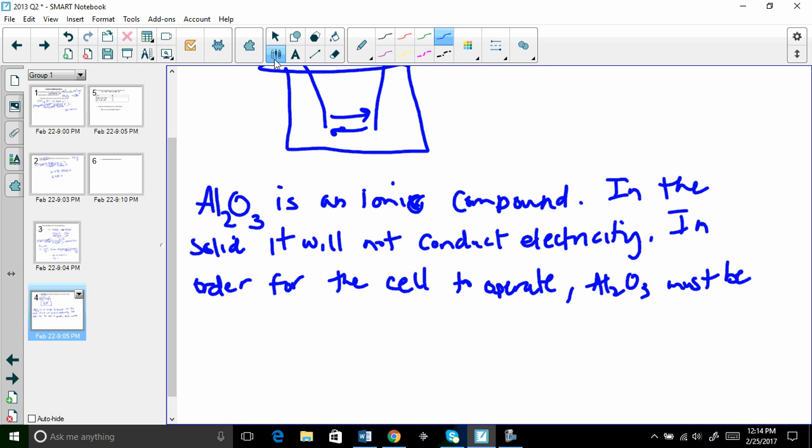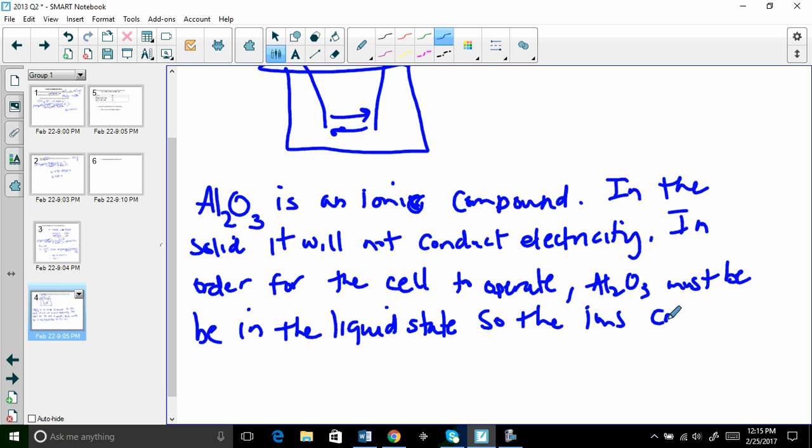Al2O3 must be in the liquid state so that the ions can move to the electrodes to react.